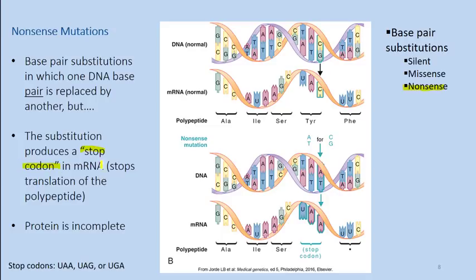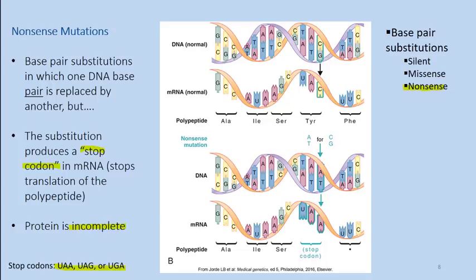And we'll look at what that means in a moment. And there are 3 different stop codons that exist, which I'm highlighting at the bottom of the screen. And what this ends up doing when there's a nonsense mutation is the stop codon will actually produce a premature stop in the mRNA. In other words, they're going to terminate the translation of the protein or the polypeptide. And so our polypeptide or our protein will end up incomplete.